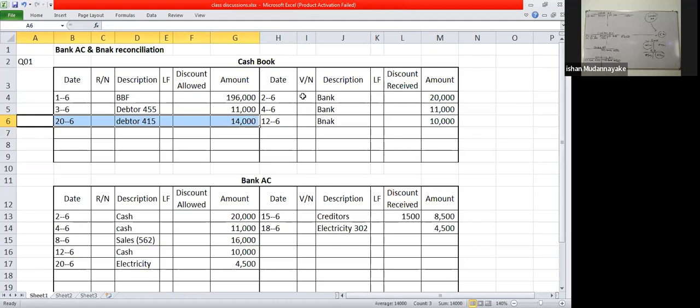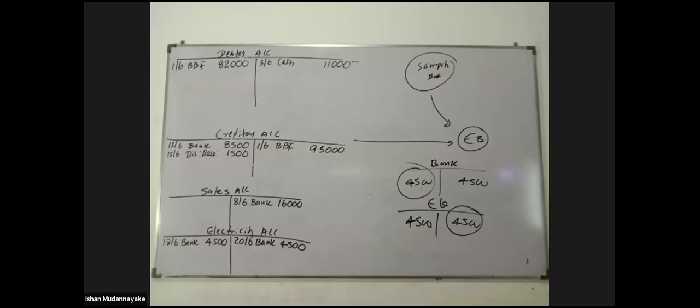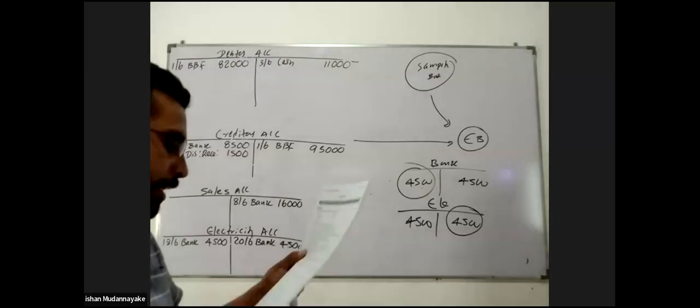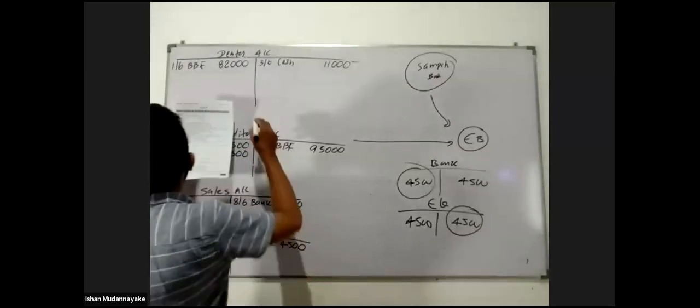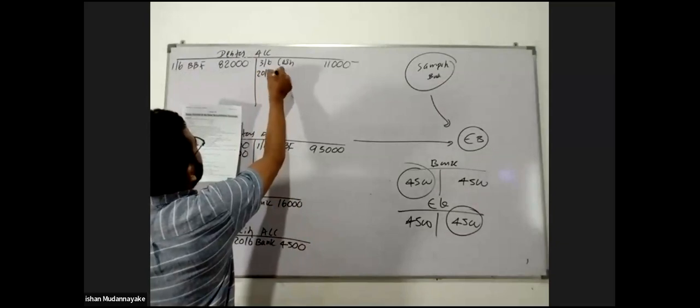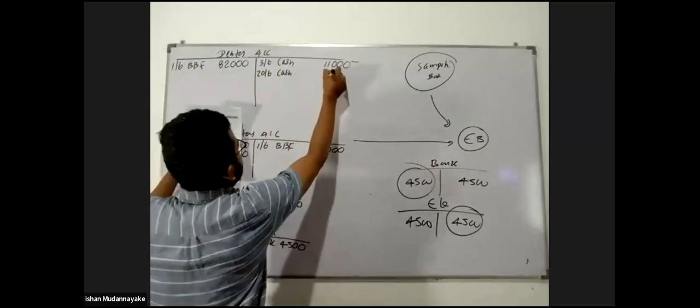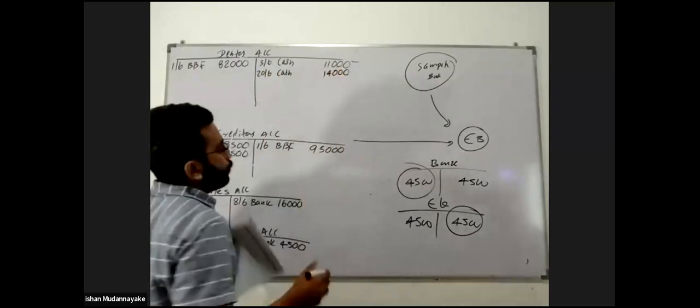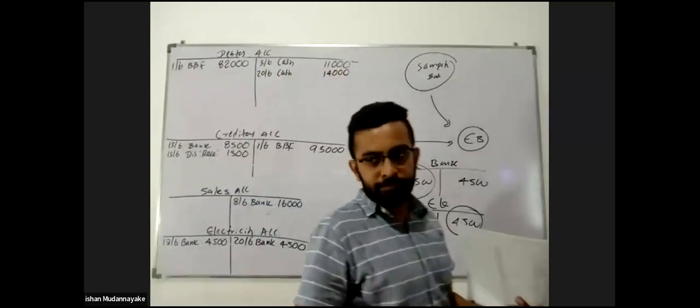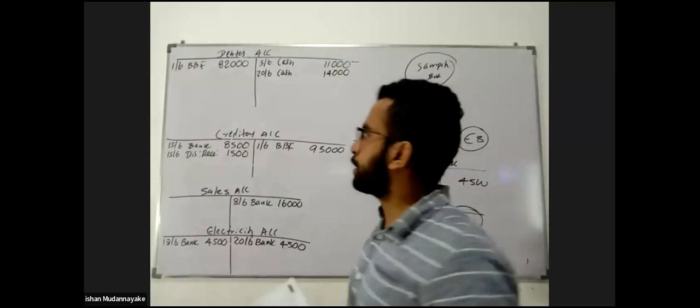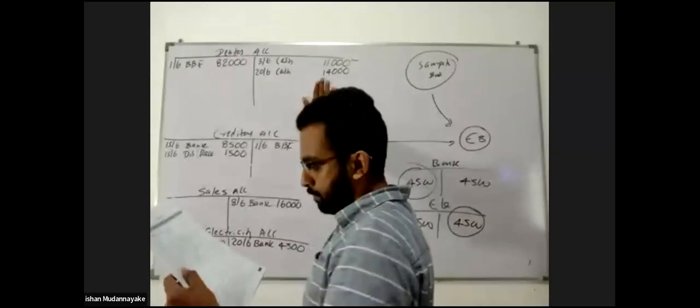Go to the debtors account. For a cash book debit, debtors account credit. Debtors account credit 14,000.